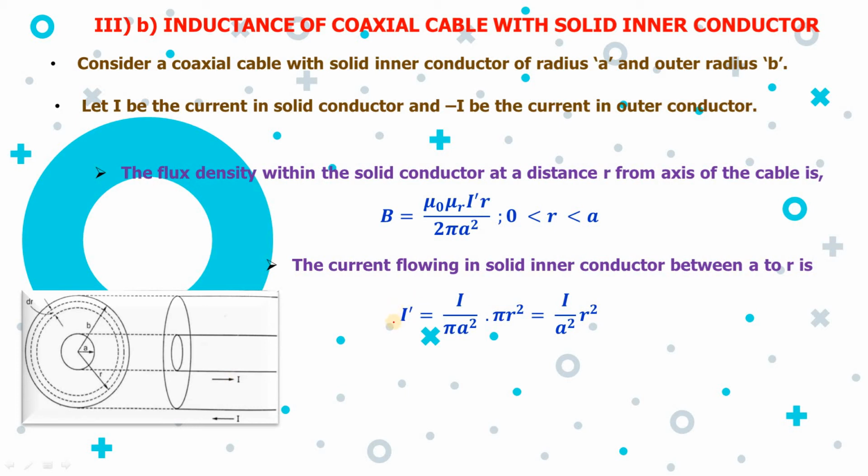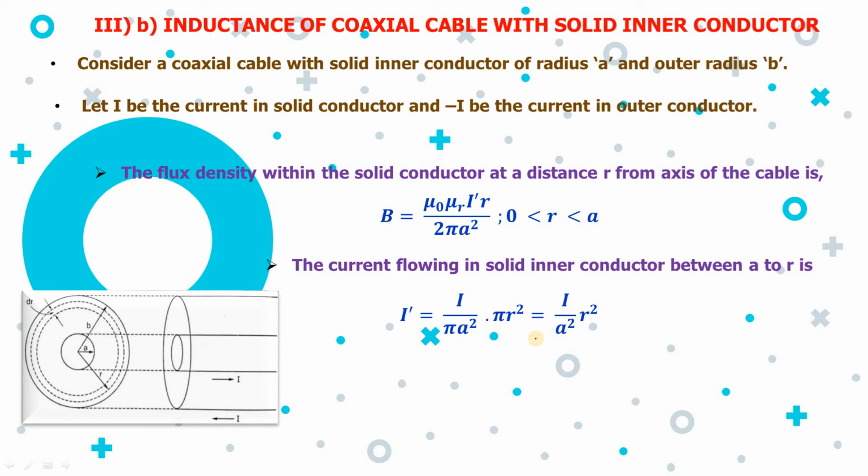I dash is the current in the solid inner conductor between A to R. So I dash is I by pi a square into pi r square.